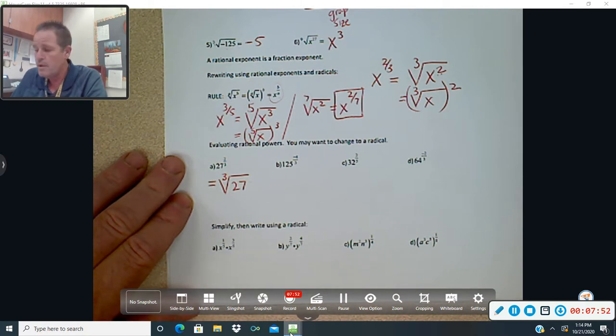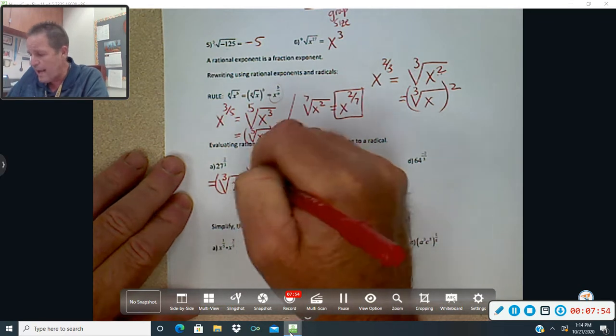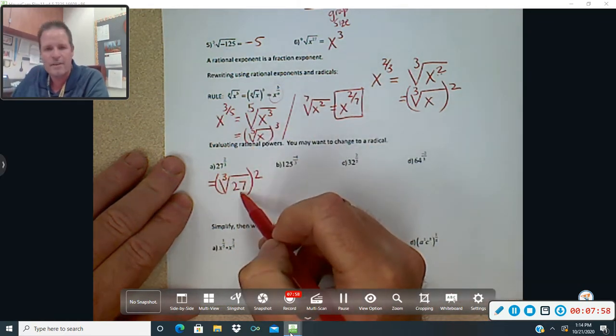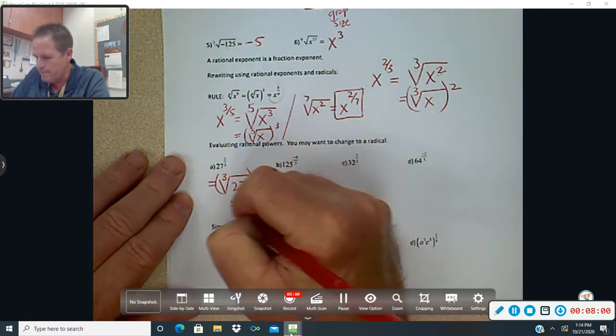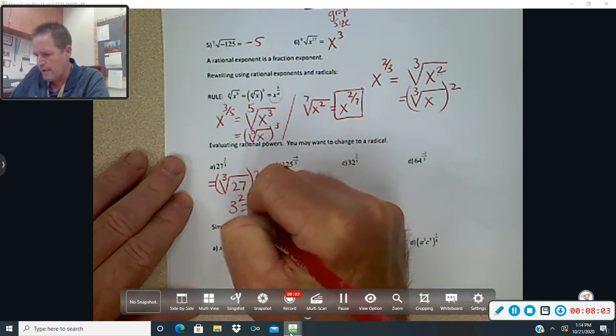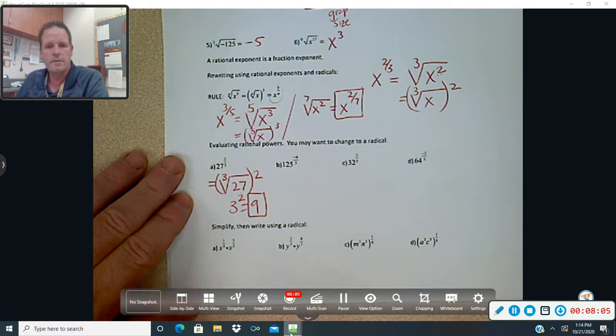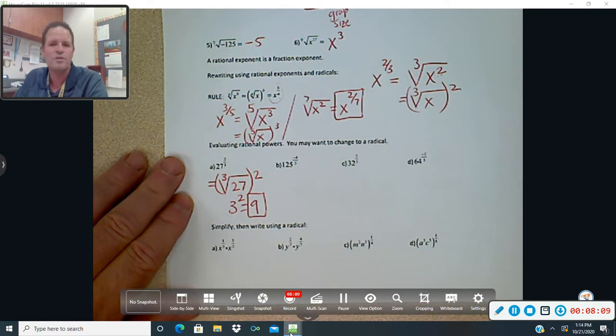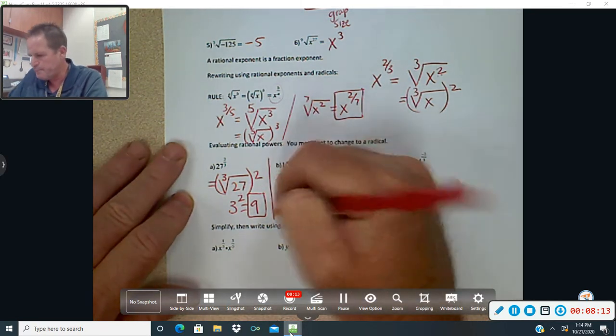So I'd be better off to put it outside. And why I would do that is because now I can do the cube root of 27. That's 3. And 3 squared is 9. Again, if I do 27 squared inside here, I'm going to struggle with that. I probably won't get it very easy. All right, let's keep going.